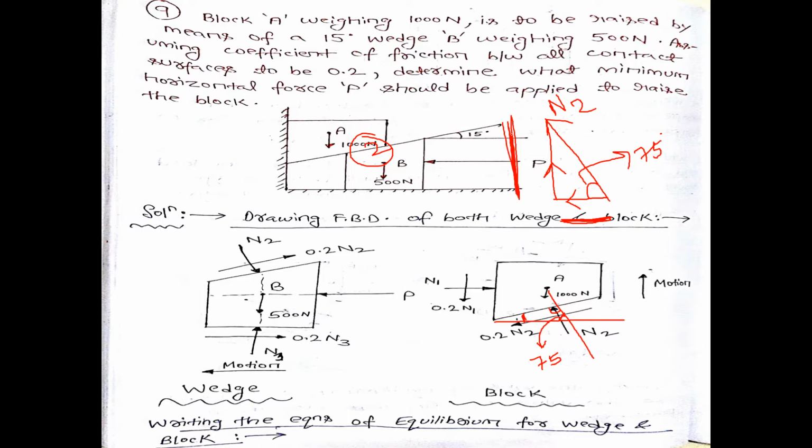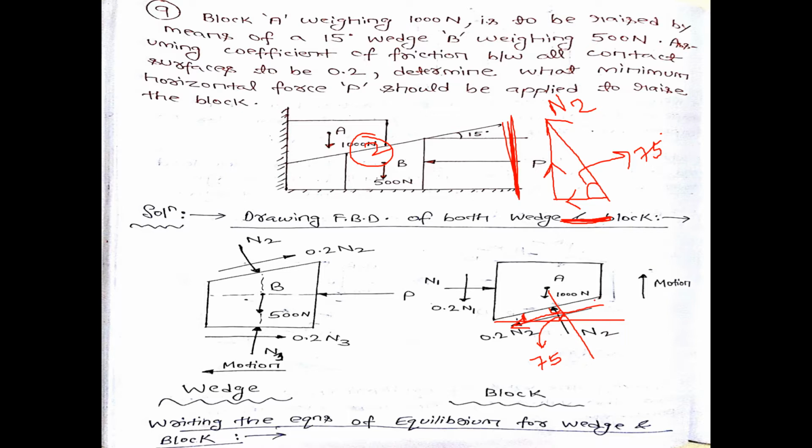Any doubt? Electrical people, please respond. Any doubt? No, sir. Okay. Now you can see on that same surface, this frictional force is acting, 0.2 times N2, which is acting in this direction. Again, I have to resolve this force.